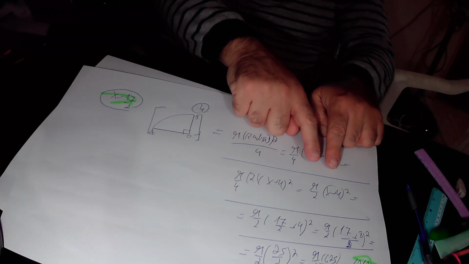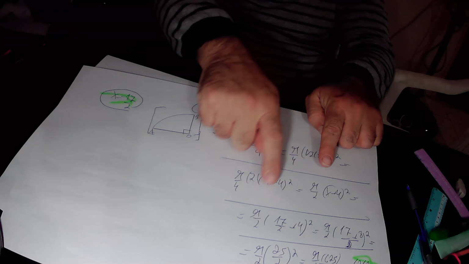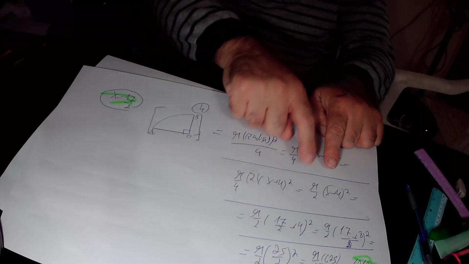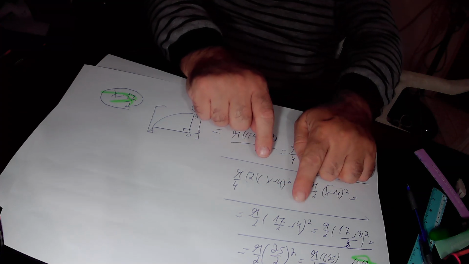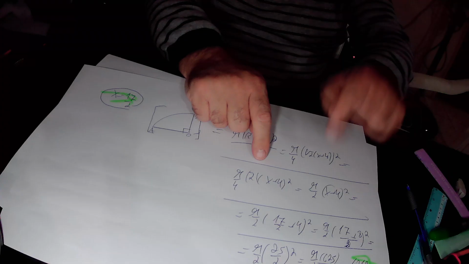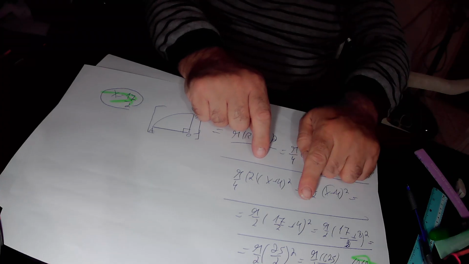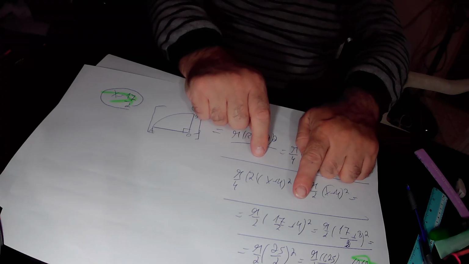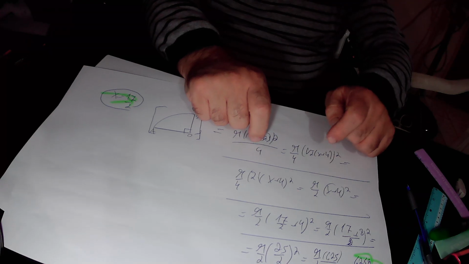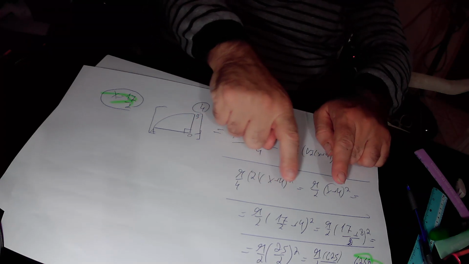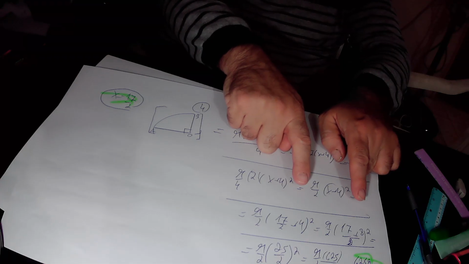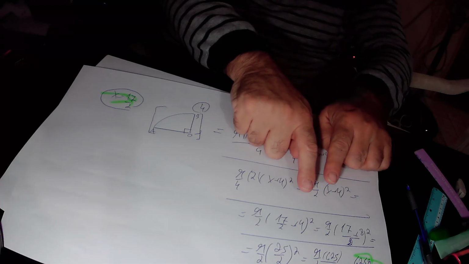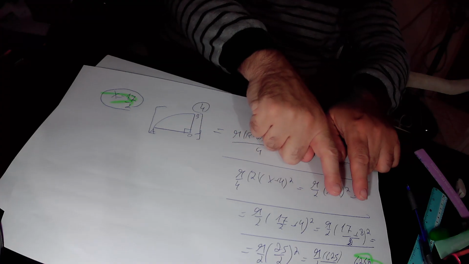So in total, the area of the quarter circle A or B equals pi over 2 times (17 halves plus 4) squared. Here we multiply 4 by 2, and then we divide it by 2, so we change nothing.